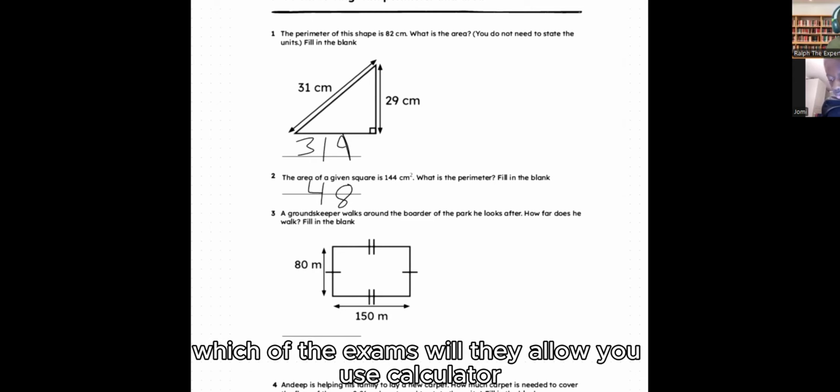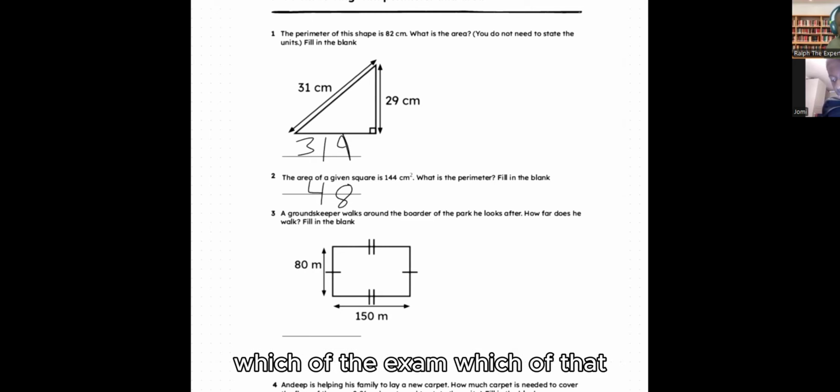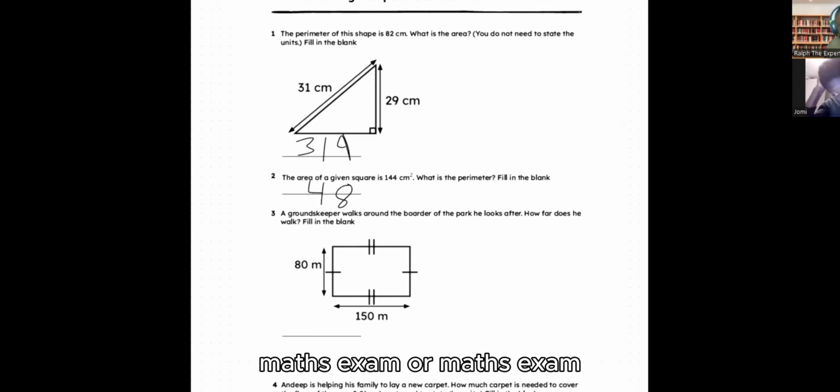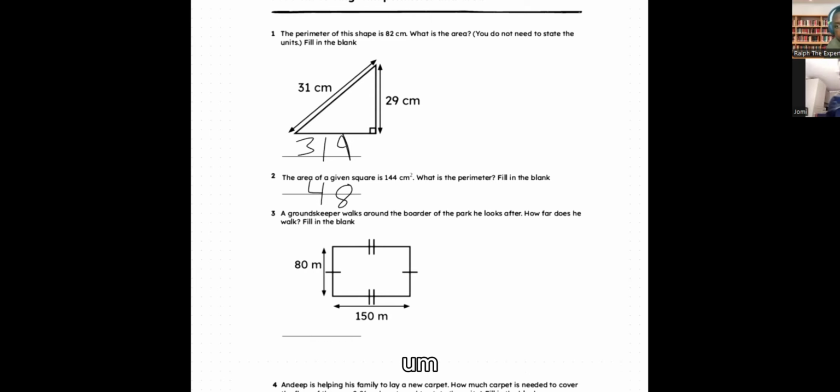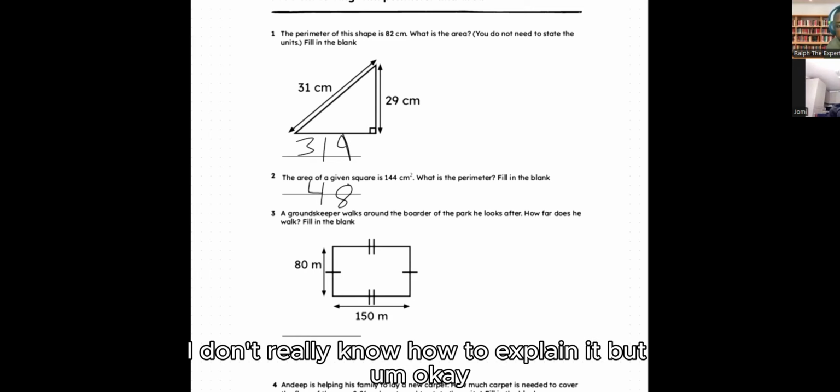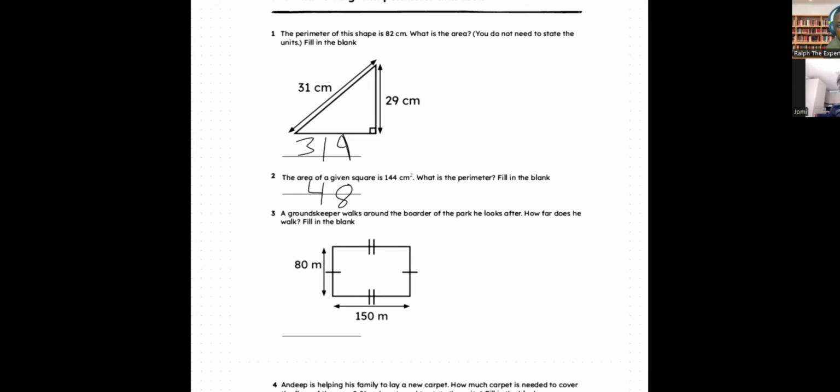Which of the maths exams will they not allow you to use calculator? It's, I don't really know how to explain it, but okay. It's all right.